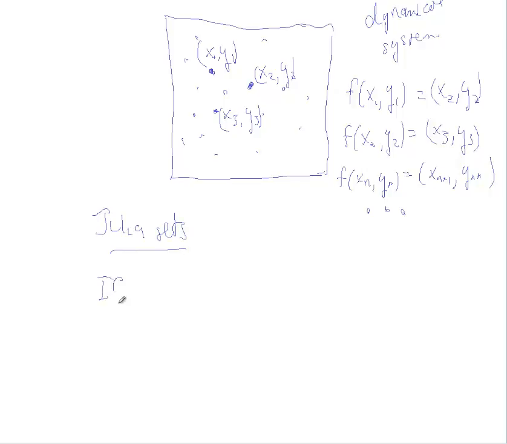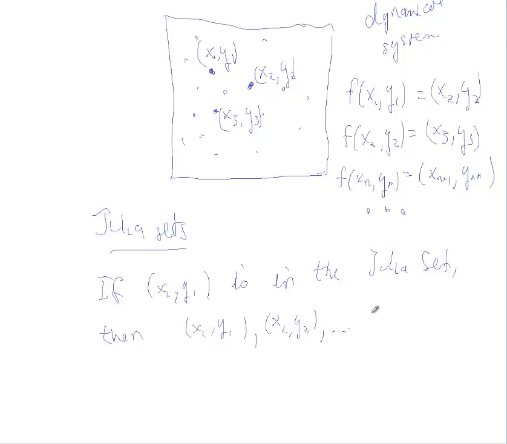Okay, so if x1, y1 is in the Julia set, then all of these points, x1, y1, x2, y2, x3, y3, etc., stick close by. They don't diverge out to infinity.